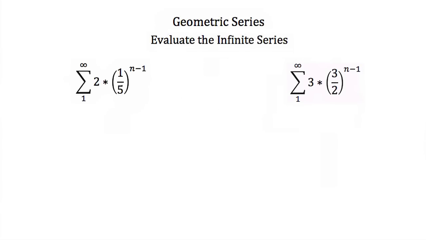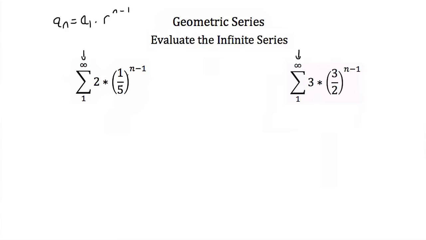Here we're given two infinite series. We can tell that they're infinite series because our upper bound here is infinity, which means our n value will always increase forever. To the right of our summation sign here, we have our sequence formula in standard form. And remember, that looks like a_n is equal to a_1 times r to the n minus 1.